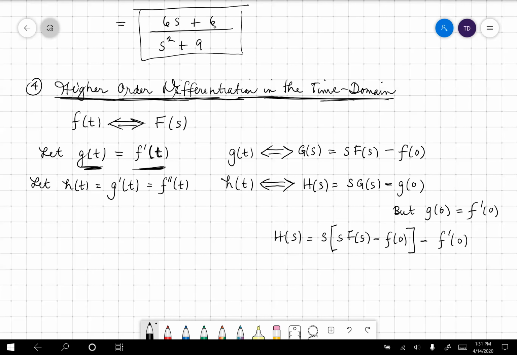So we started off with f of s. First derivative, I get s f of s minus f at 0. That's the first derivative. Second derivative is this one. It's this, which is this, s squared. I get an s. Every time I take a derivative, I get an s. Does that sound vaguely familiar to you?